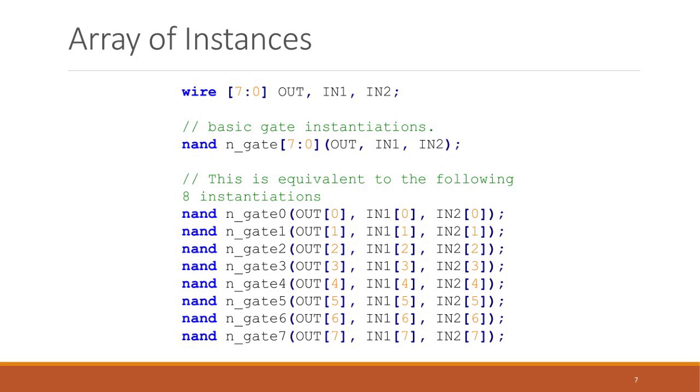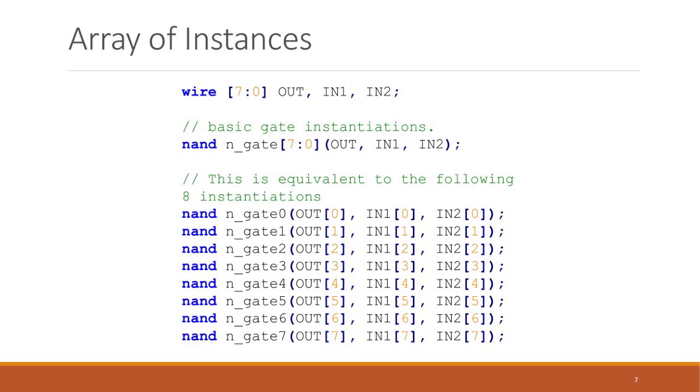Here, this is about another new technique or syntax you can use in Verilog. This syntax you can use when you want to instantiate an array of instances, that is, a set of similar instances. Here in this example, we need to instantiate 8 NAND gates.